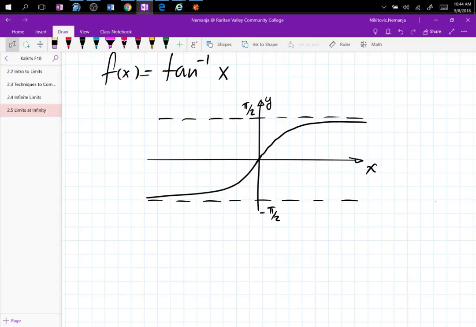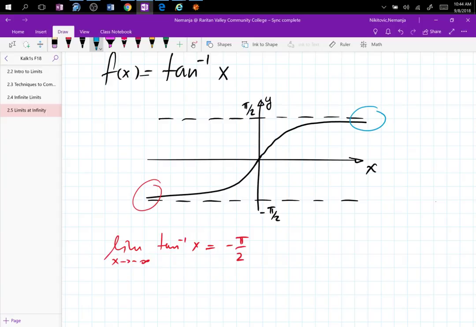So the red one says that the limit as x goes to negative infinity of inverse tangent of x is negative pi over 2. Yeah, that's your horizontal asymptote. And the other side also is a horizontal asymptote. Limit as x goes to positive infinity of tangent inverse of x is positive pi over 2.